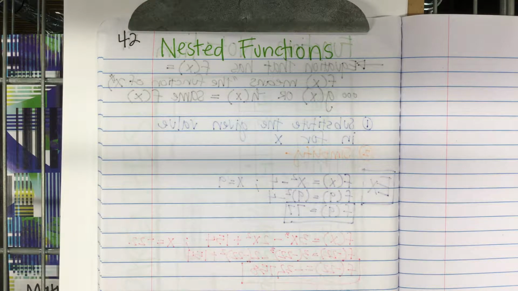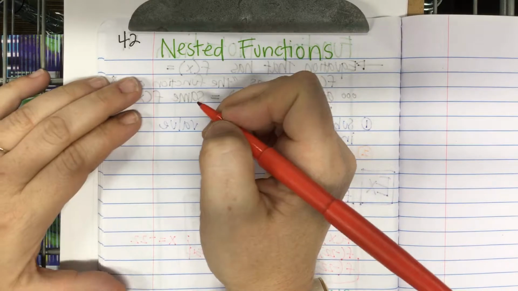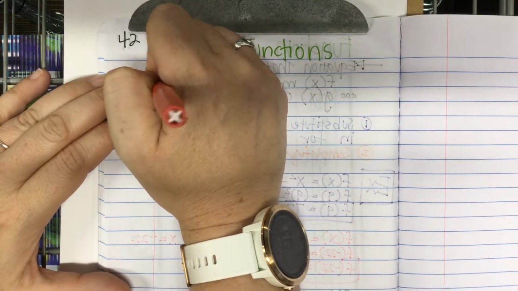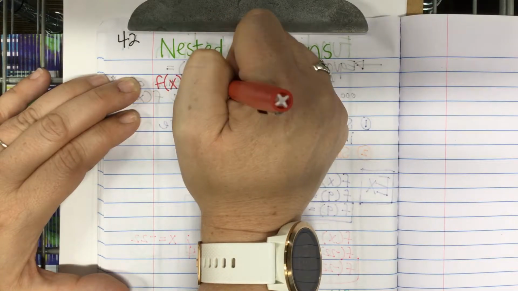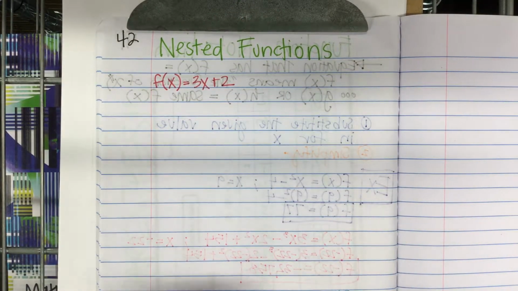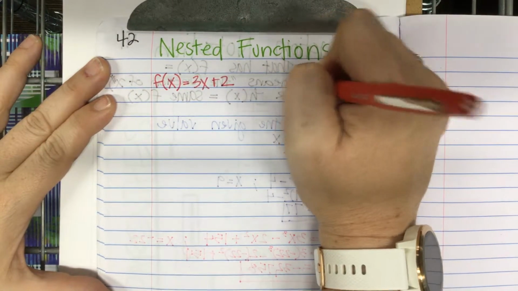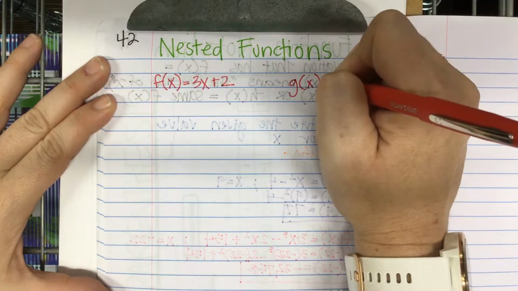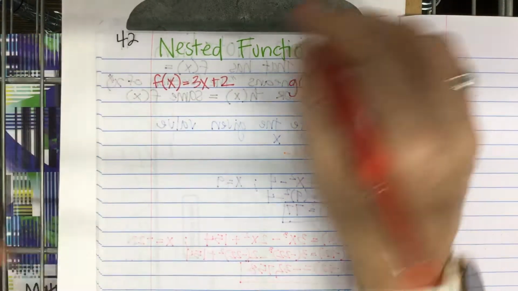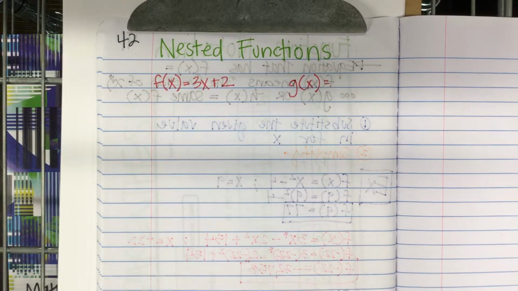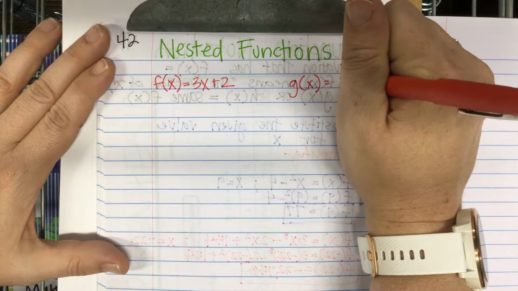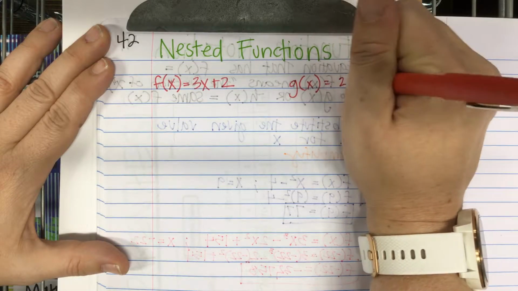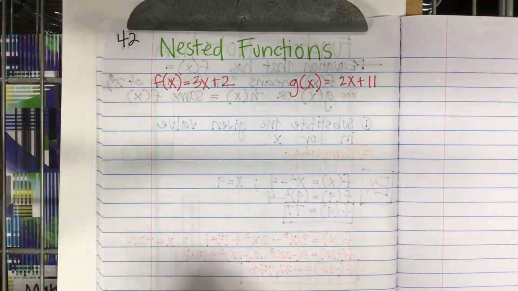All right, so here's my problem. This is where it came in the different letters. If I let you know that f of x is 3x plus 2, and g of x is, what do I want it to be? 2x plus 11.